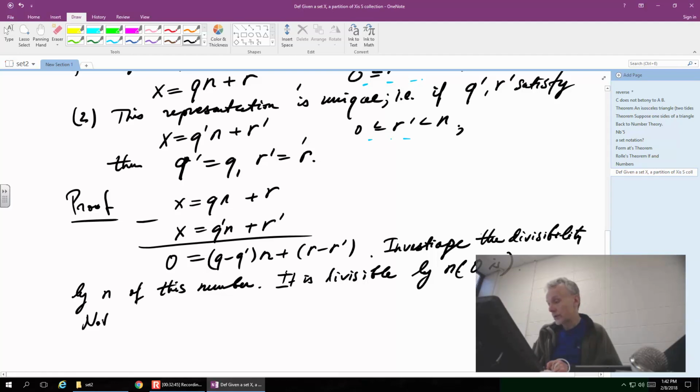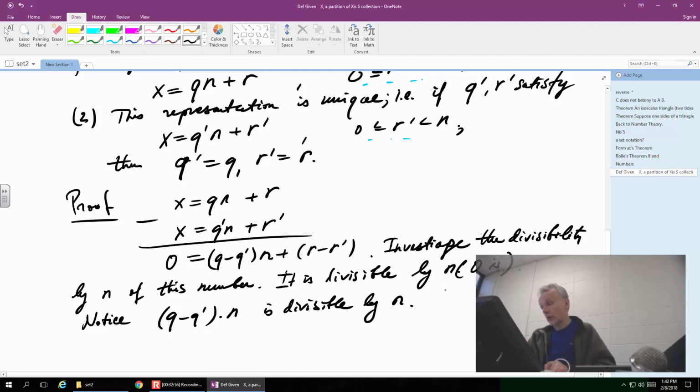So we notice that q minus q prime times n is divisible by n. Okay, great. So 0 is divisible by n. The first term on the right is also divisible by n.